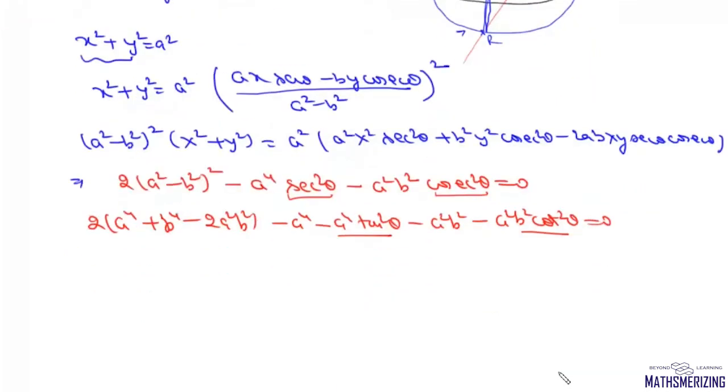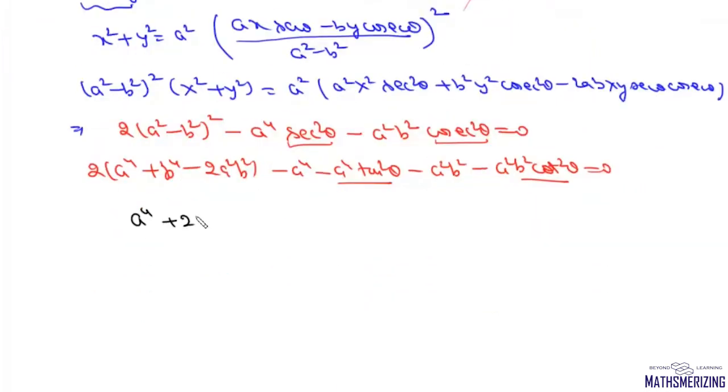Then we can write a to the power 4 plus 2b to the power 4, minus 4a square b square and minus a square b square, so it will be minus 5 a square b square, and on the right hand side we'll have a to the power 4 tan square theta plus a square b square cot square theta.